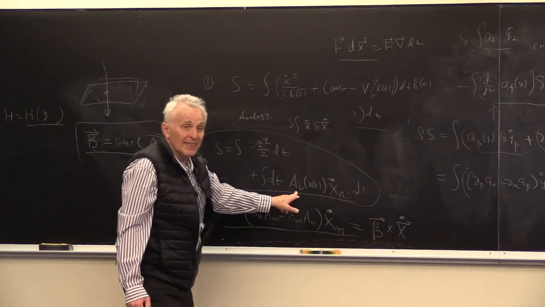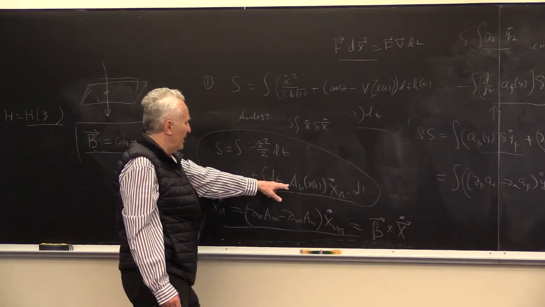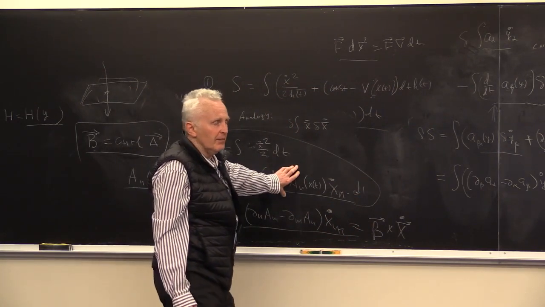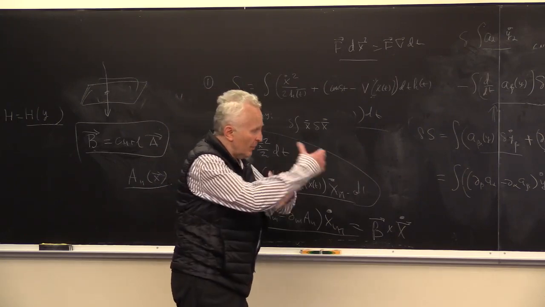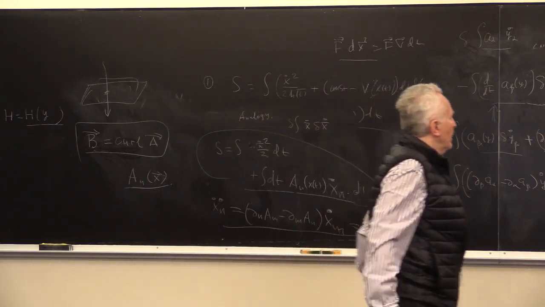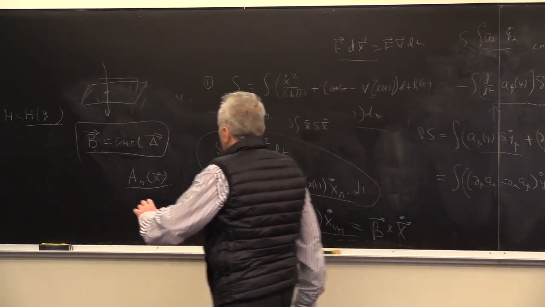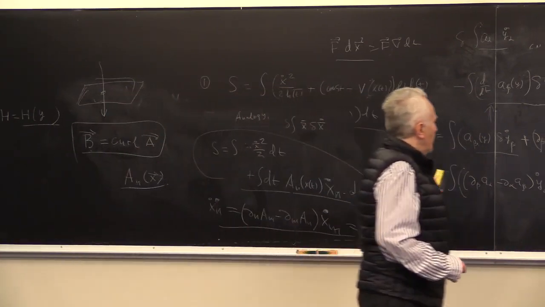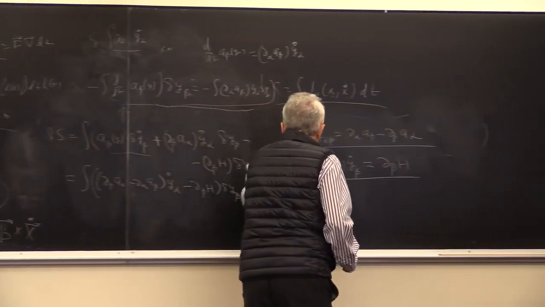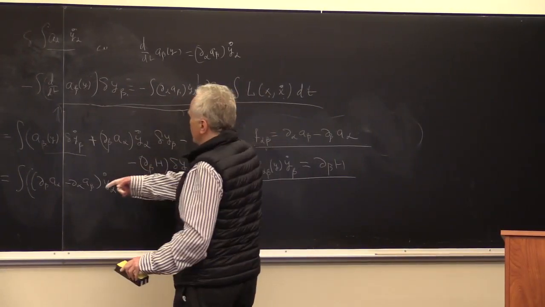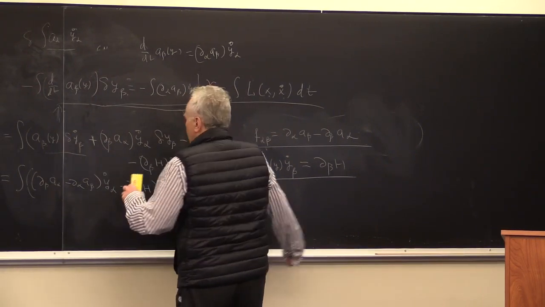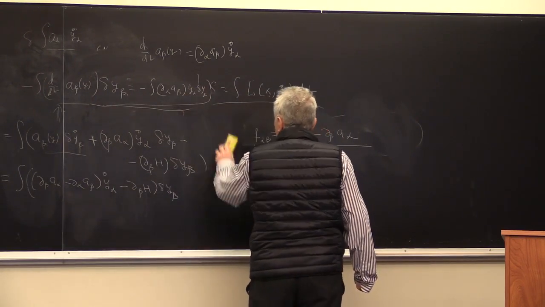And on the other hand, you see that this term is invariant under reparametrization, so everything fits. Okay. Now, the lesson learned is that this symplectic form is the analog of the magnetic field.